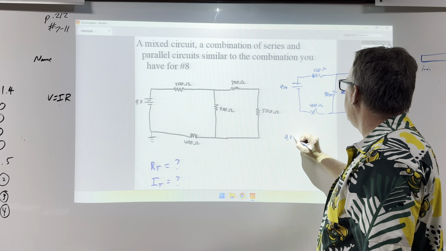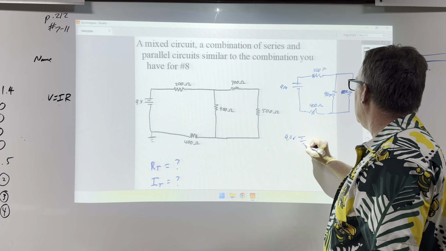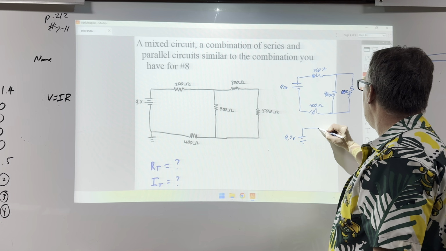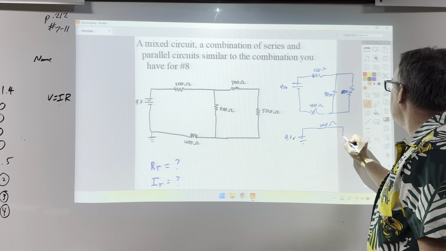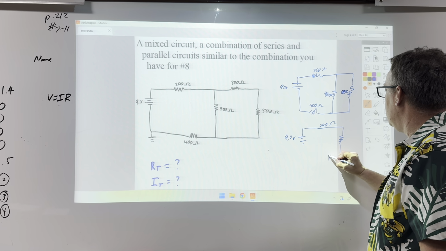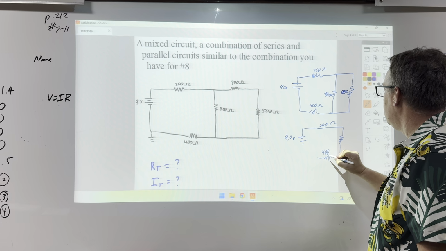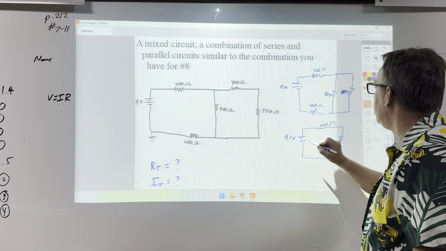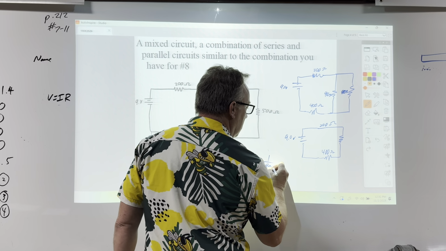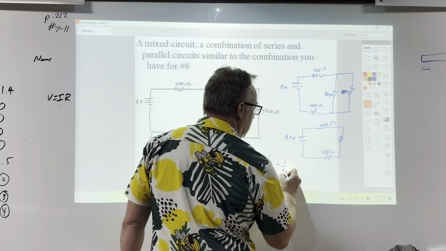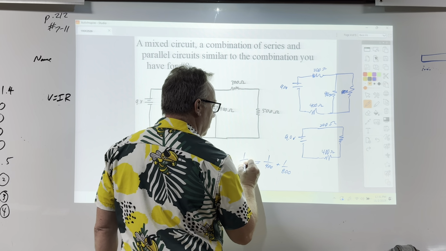I've got to redraw it first of all. I'm going to have that 200 still, and the 400 still. And what's that? Well, it'd be 1 over 900 plus 1 over 800 is 1 over RT.